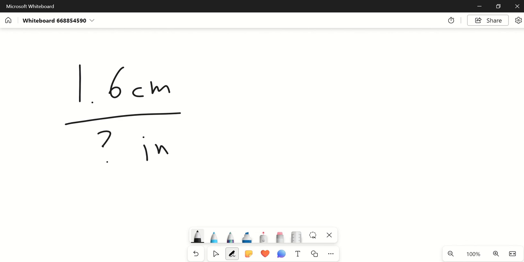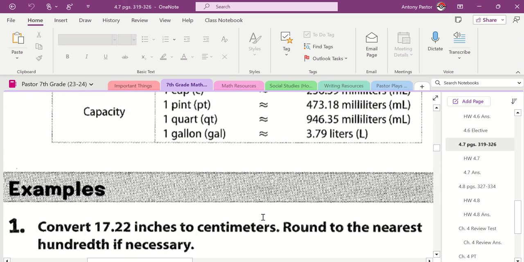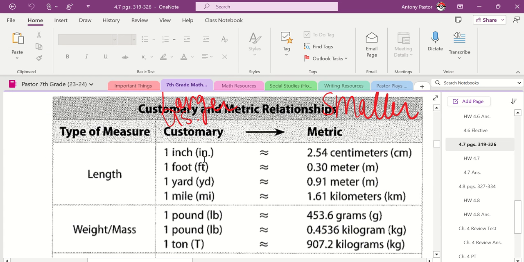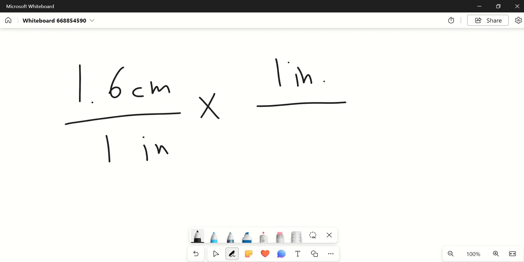And again, we're going to put that over 1. Now, I should know how many centimeters 1 inch equals. 1 inch equals 2.54 centimeters. And again, we're keeping our inches diagonally across and our centimeters diagonally across.